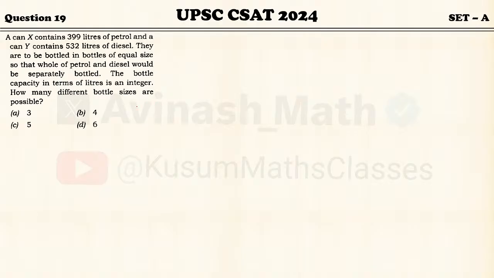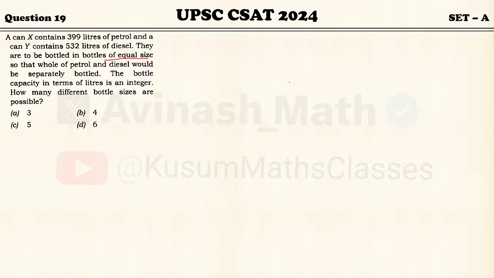They are to be bottled in bottles of equal size, so that the pool of petrol and diesel would be separately bottled. The bottle capacity in terms of liter is an integer. How many different bottle sizes are possible?